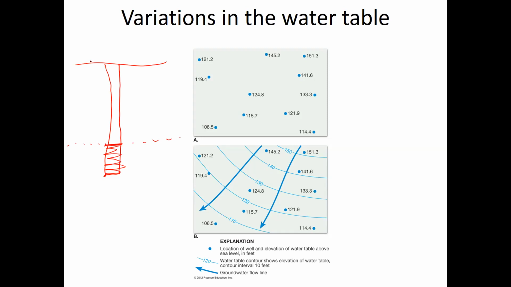So if you know the elevation of the surface, and then you can measure the depth down to the water table, then you can calculate the elevation of the water table by taking the elevation of the surface minus the depth. Then you plot the elevation of the water table, all above sea level, at the location of the well. So these numbers indicate the elevation of the water table.